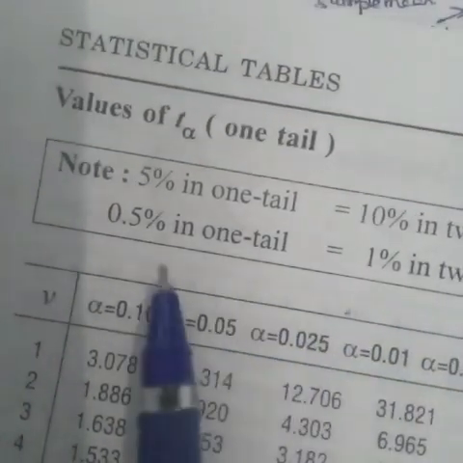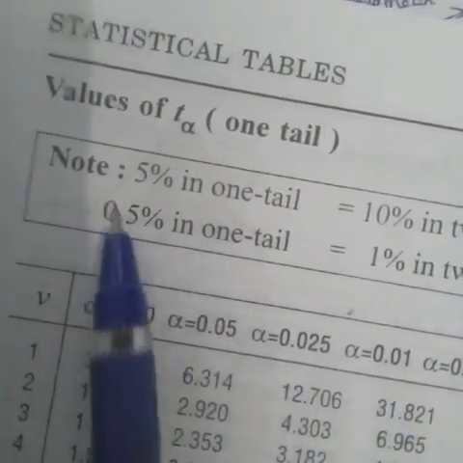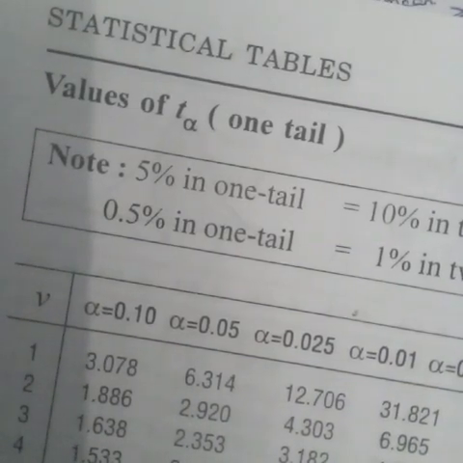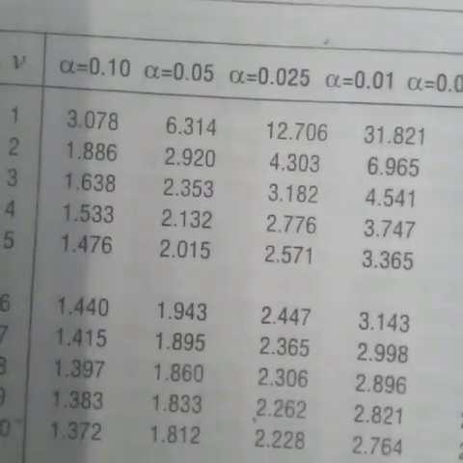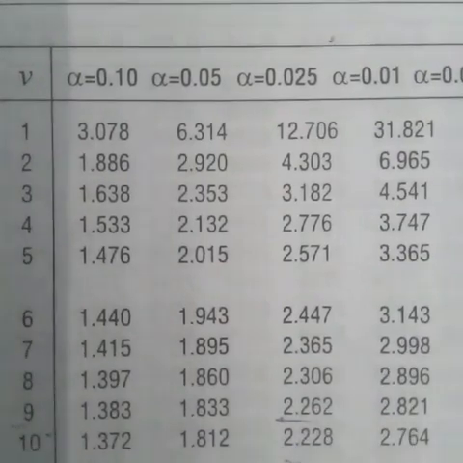One tail means left tail and right tail, which we have already seen. The degrees of freedom is n minus 1, that is 9, and the value is 2.262.